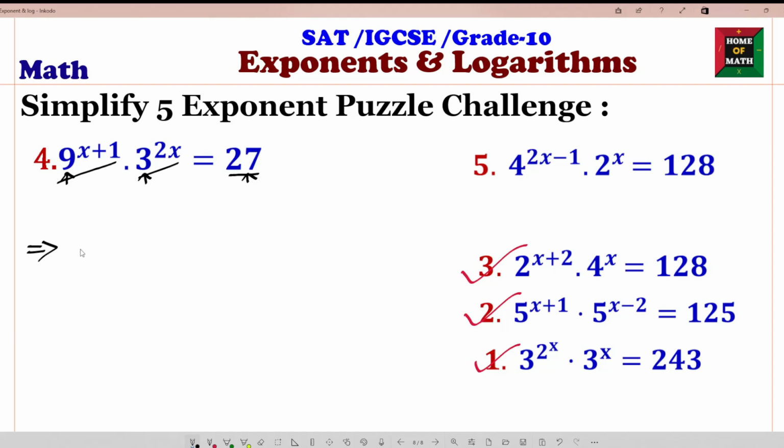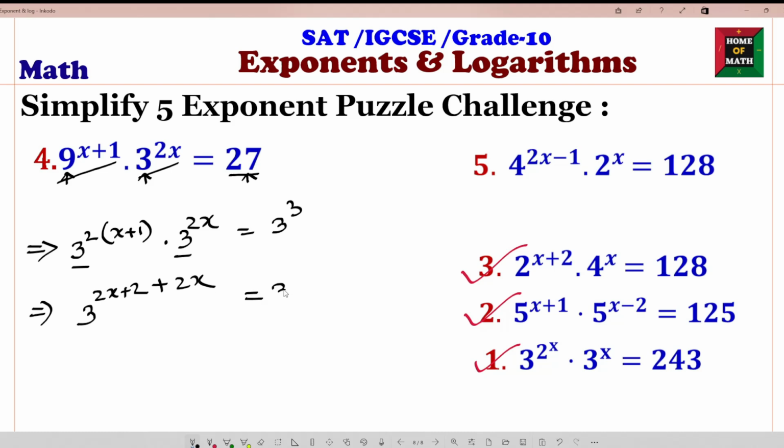So 9 we can write as 3 square, and here is x plus 1, times 3 to the power 2x equals, this 27 we can write as 3 to the power 3. Now these bases are the same, so the powers will be added. So we can write 3 to the power 2x plus 2 plus 2x equals 3 to the power 3, right?